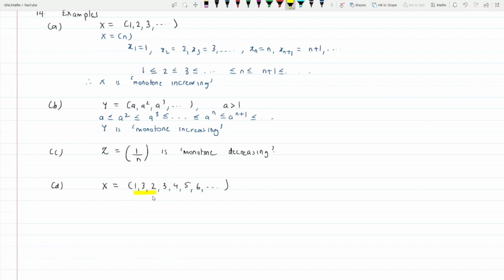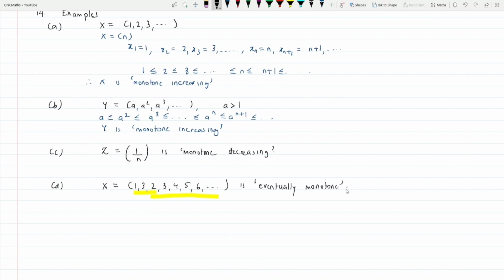But if I look from the third term onwards, which is 2, 3, 4, 5, 6, it can be noted that it is increasing. So such sequences are known as eventually monotone. Such sequences are not on the whole monotone, but they start showing a trend after a certain term onwards.